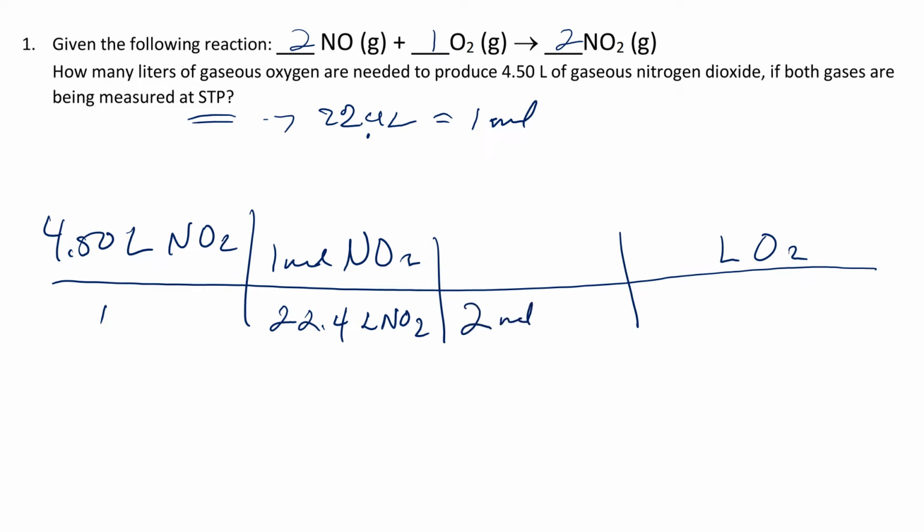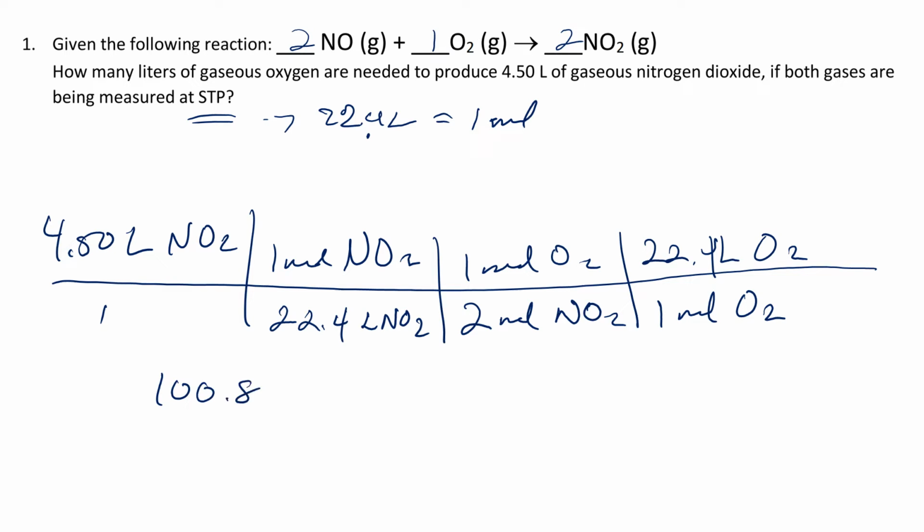2 moles of NO2, 1 mole of O2 on top, 22.4 liters here, 1 mole of O2 on the bottom. So do my math. You can kind of tell that the 22.4 liters will cancel out, but just to be thorough, just in case it doesn't always work out that way. 4.5 times 22.4, 100.8, divided by 22.4 times 2, 44.8.